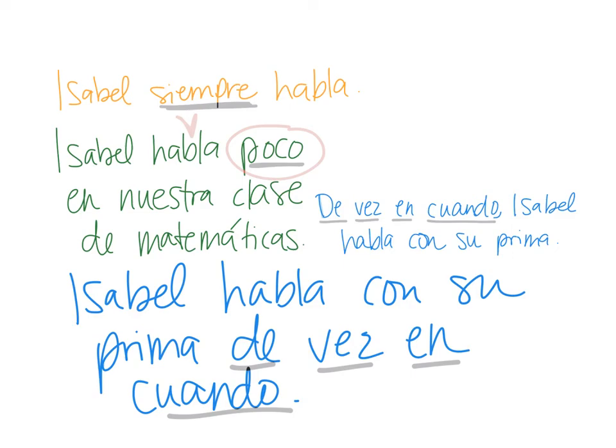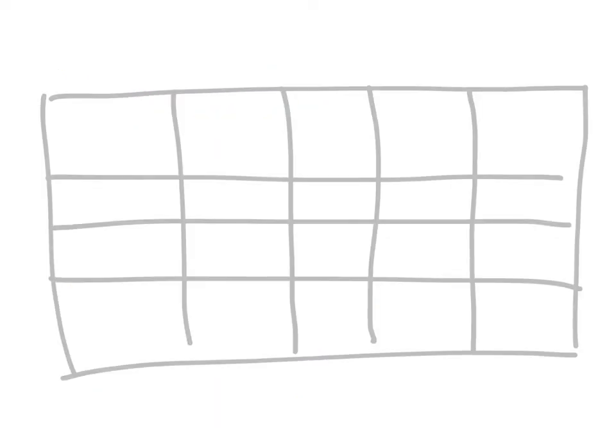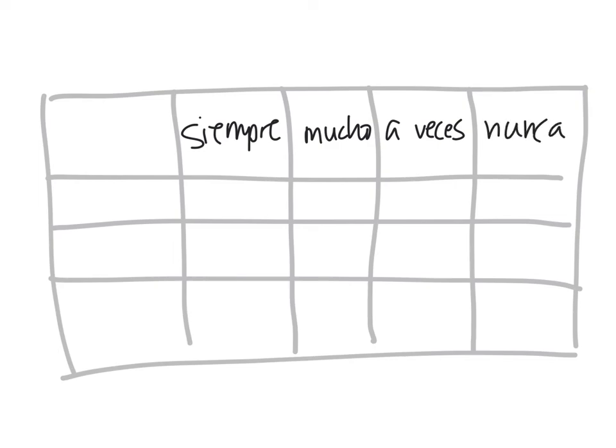All right? So maybe a way to practice these frequency adverbs would be with one of those charts where they survey you. So in this category, we would have siempre, and then maybe one mucho, and then a veces, and nunca. So it's like surveying when you do things, right? So siempre is always, mucho is often or a lot, a veces is sometimes, and nunca is never. So then if we put an activity in here, let's see.